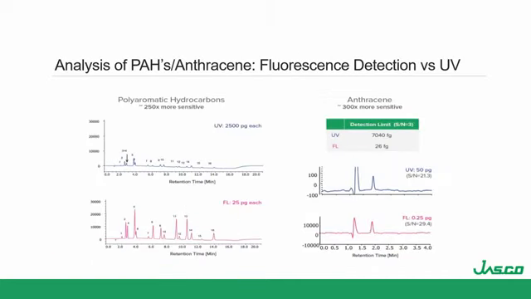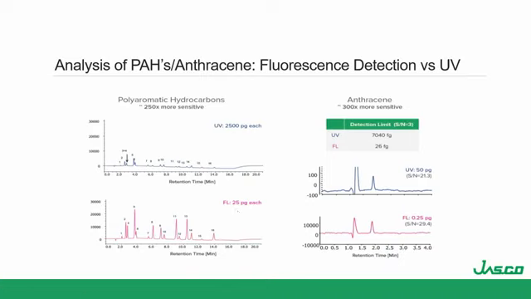So here's an analysis of PAHs and Anthracene, fluorescence detection versus UV. Over here, these are the PAHs. You can see each one is on the same signal scale. This is the fluorescence, this is the UV. This is 2,500 picograms of each, and down here in the fluorescence chromatogram, this is 25 picograms of each.